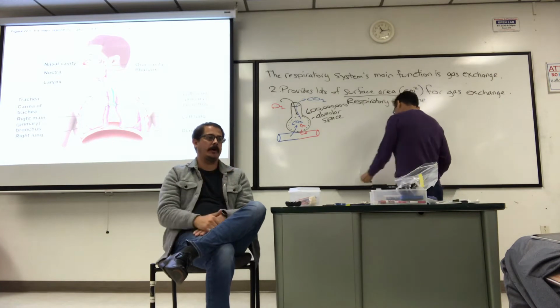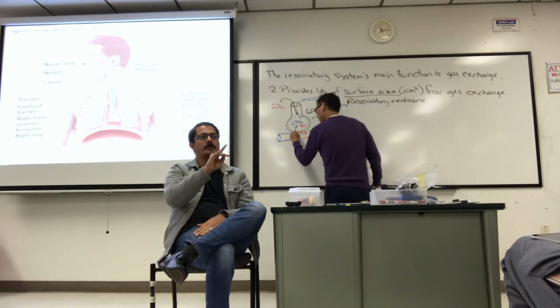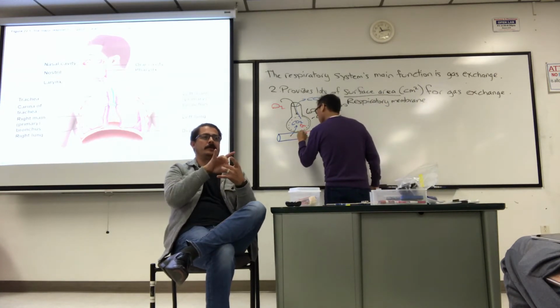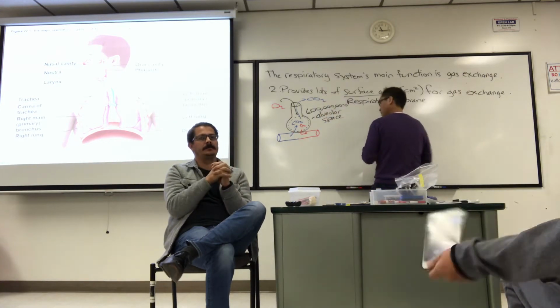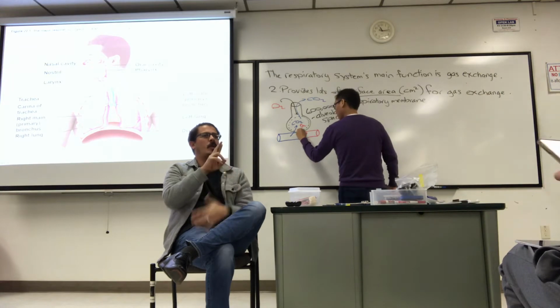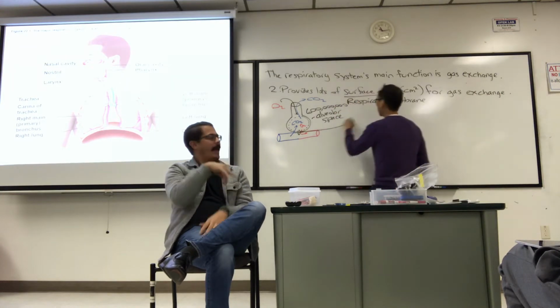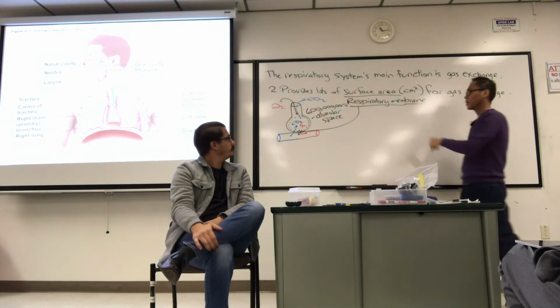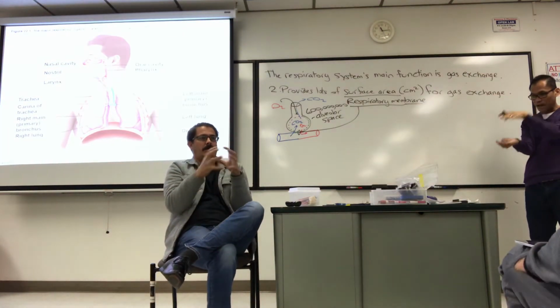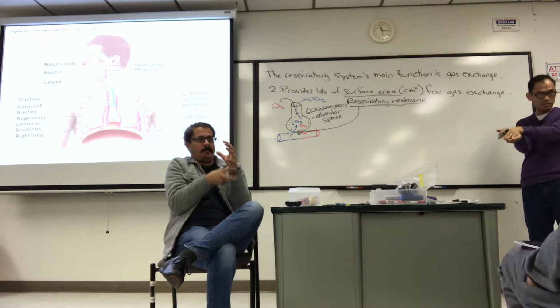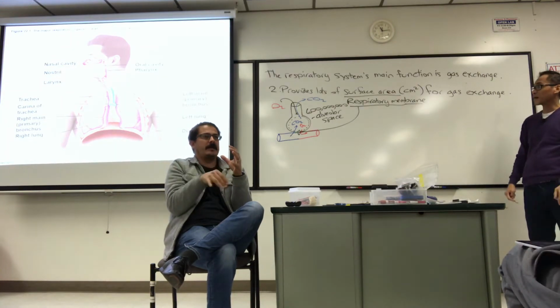Now, the respiratory membrane is the junction between these. When I say respiratory membrane, it's that little thing right there where the gases exchange, where the alveolar space wall and the capillary wall are stuck to each other. That's the membrane that I'm talking about.